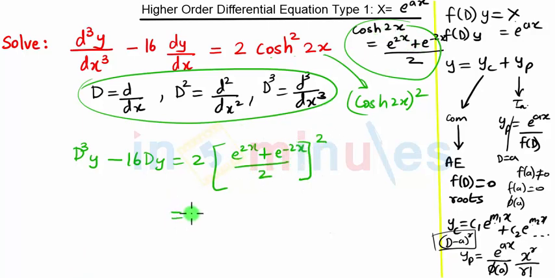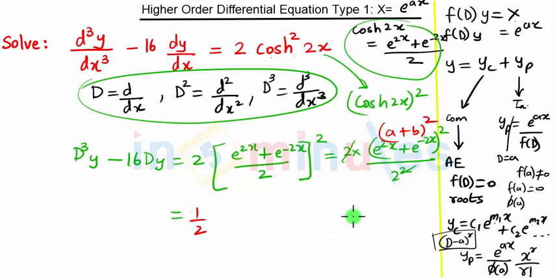Now if we expand this term, this will be nothing but 2 into (e raised to 2x plus e raised to minus 2x) the whole square upon 2 square. So one 2 will get cancelled and we remain with half. This now becomes half, and this is nothing but (a plus b) the whole square. Now we are going to apply that formula.